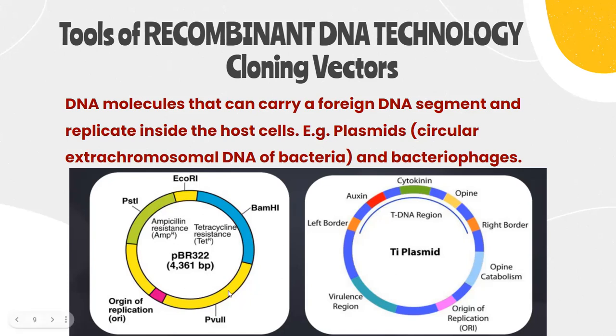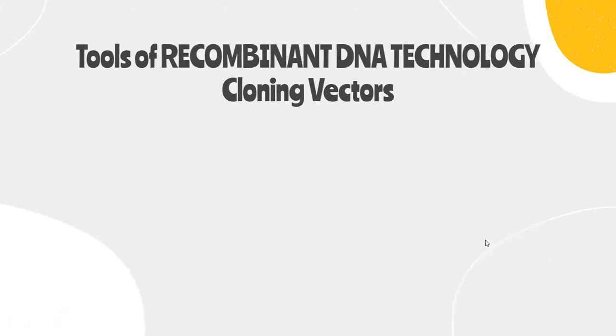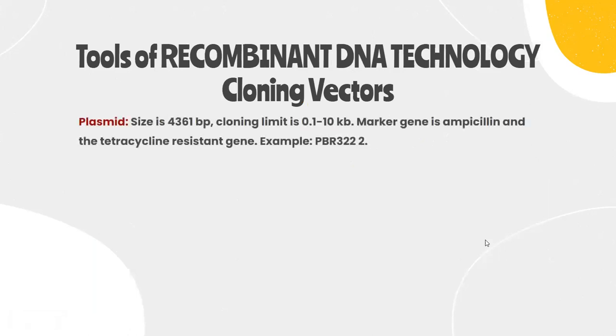You have these sites, different sequences. Okay, this is the origin of replication, and these sequences are named according to the origin and which sequences they recognize. So these are the examples. For example, a plasmid can have a carrying capacity of 0.1 to 10 kilobase pairs.